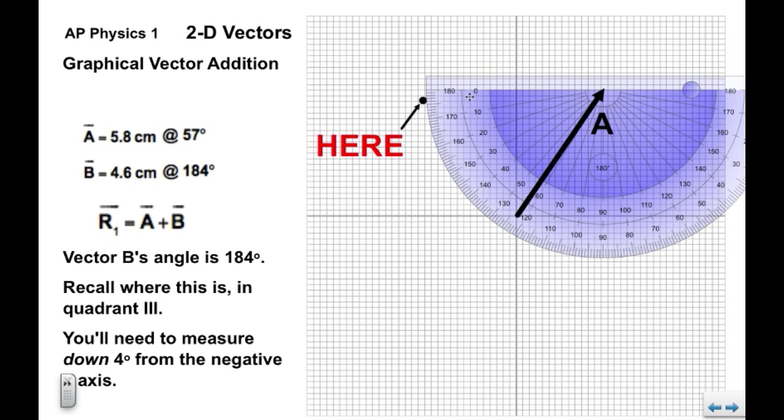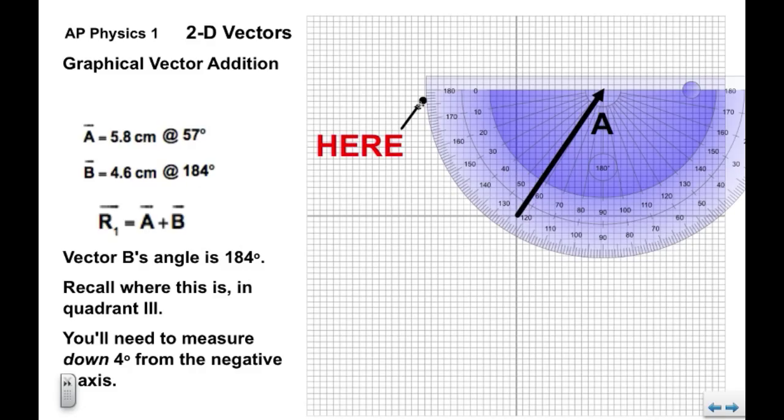Basically, I'm going to measure 4 degrees down from this side of the protractor. Again, here's my 0 point on the end of vector A. I've got 180 plus 4, which gives me the 184 degrees for vector B.